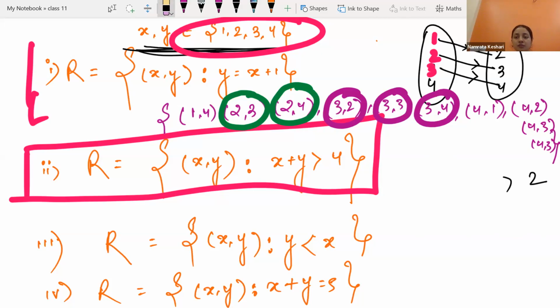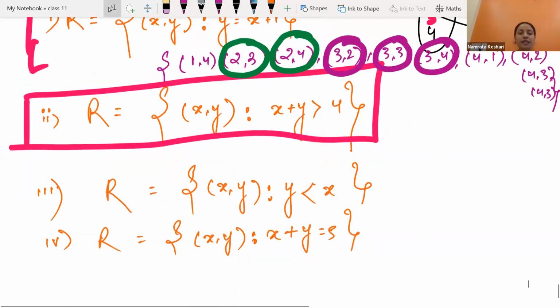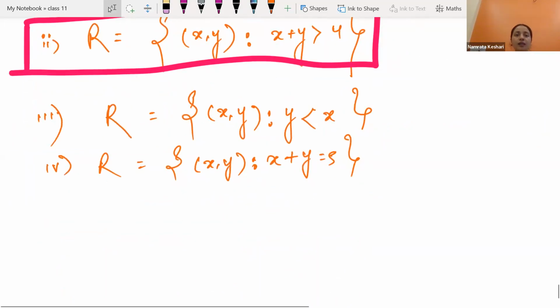Next one. Third, relation number 3. Here the original set, again I am helping you recall, consisted of 1 2 3 4. So the third relation, let's write all the ordered pairs for this one.